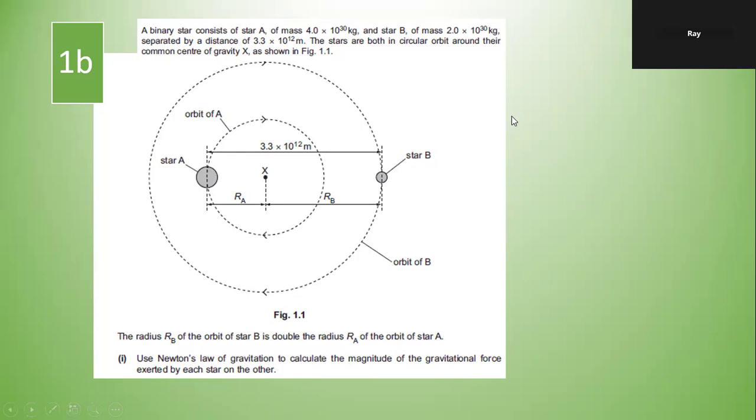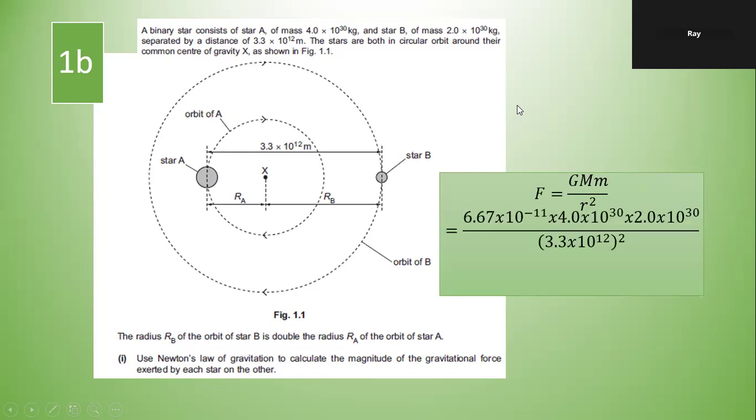So this one is just using Newton's law. Put in your values. G is 6.67 times 10 to the power minus 11, mass of star A, mass of star B, divided by separation squared. Then use calculator.